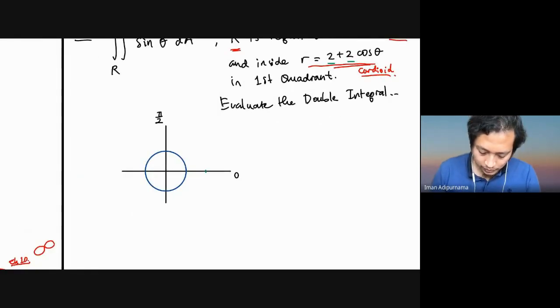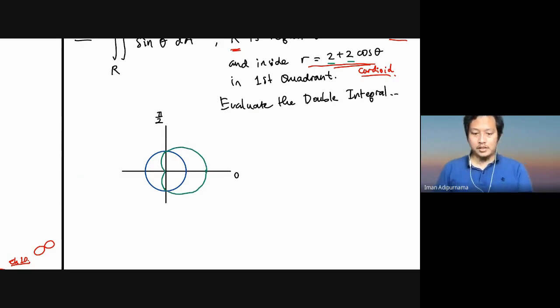And because it's a cardioid, it should intersect at this 2. Okay, so at least that is our sketch.